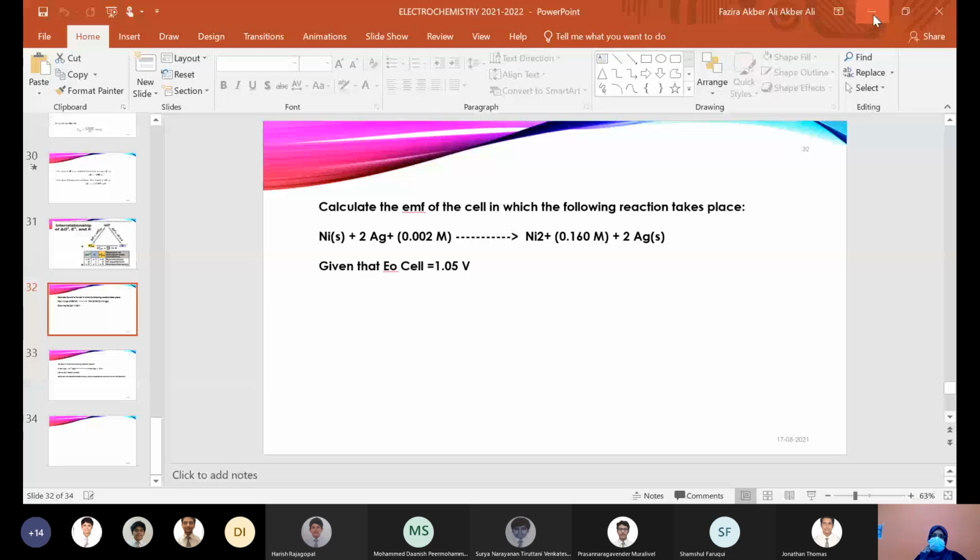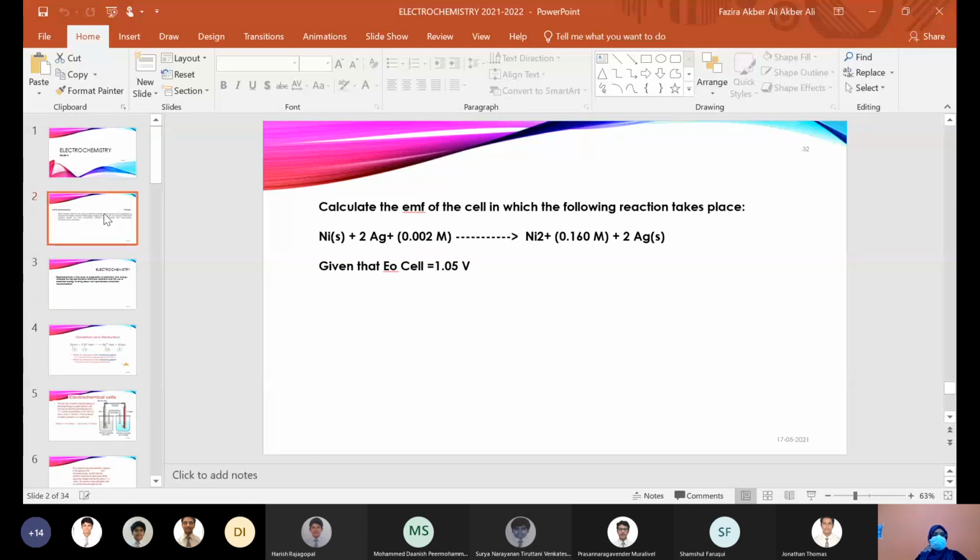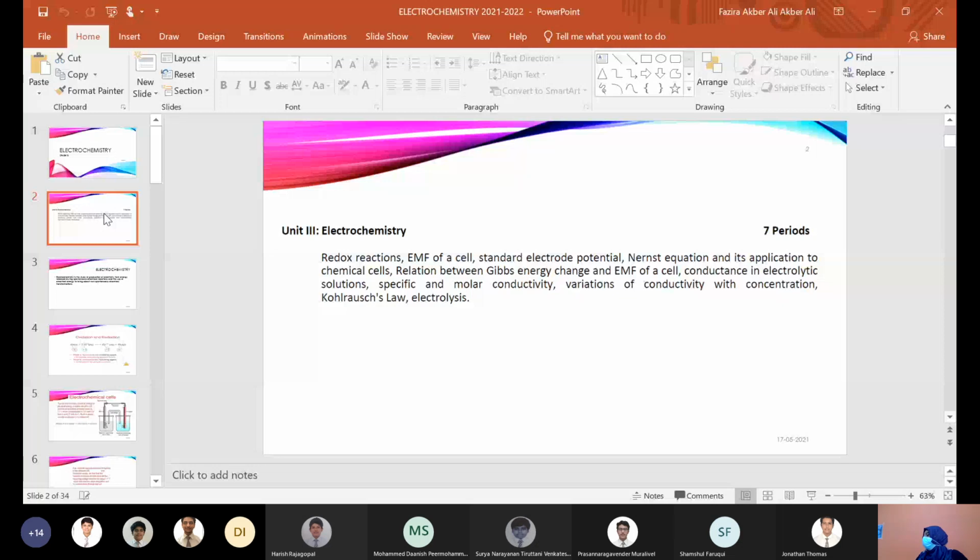After solving a few questions, we'll be moving to the second part of electrochemistry, related to resistance, conductance, molar conductivity, and Kohlrausch's law. I'll show you the first slide. This is the revised syllabus after deletion. Electrolysis and Faraday's law are completely removed.